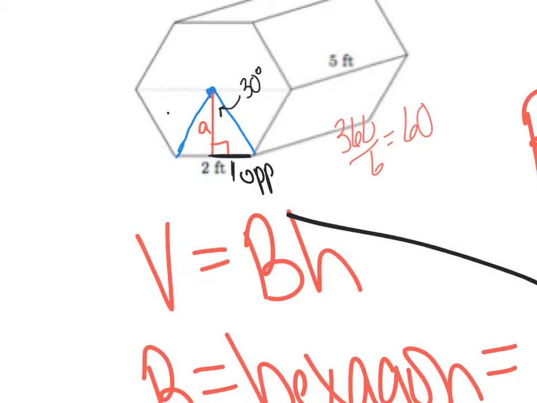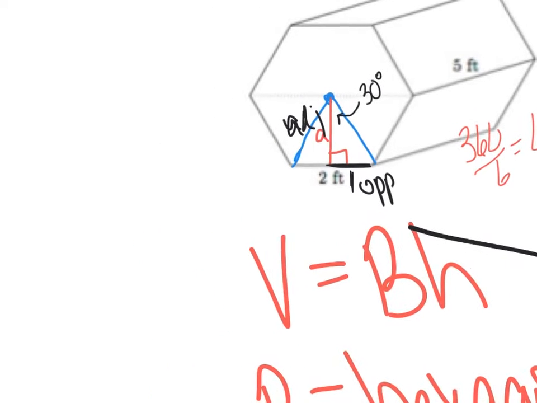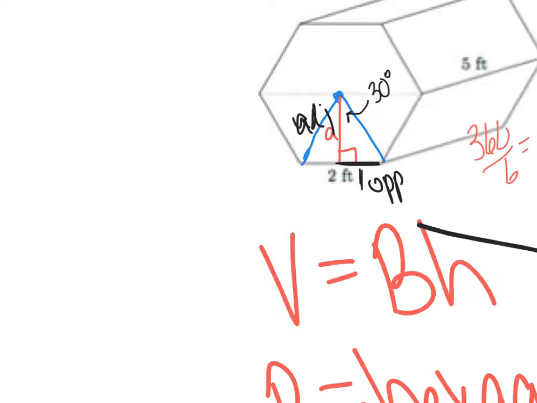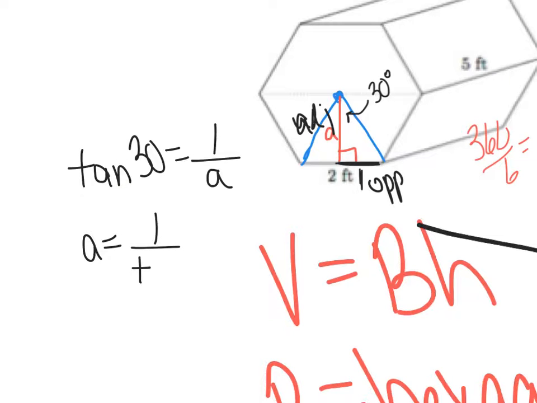The apothem is adjacent. So actually I'm going to go right over here to the left of it. Opposite and adjacent says we use tangent. So the tangent of 30 is opposite, which is 1, over the adjacent, which is the apothem. When we do our cross multiplying, we get that A equals 1 divided by the tangent of 30.